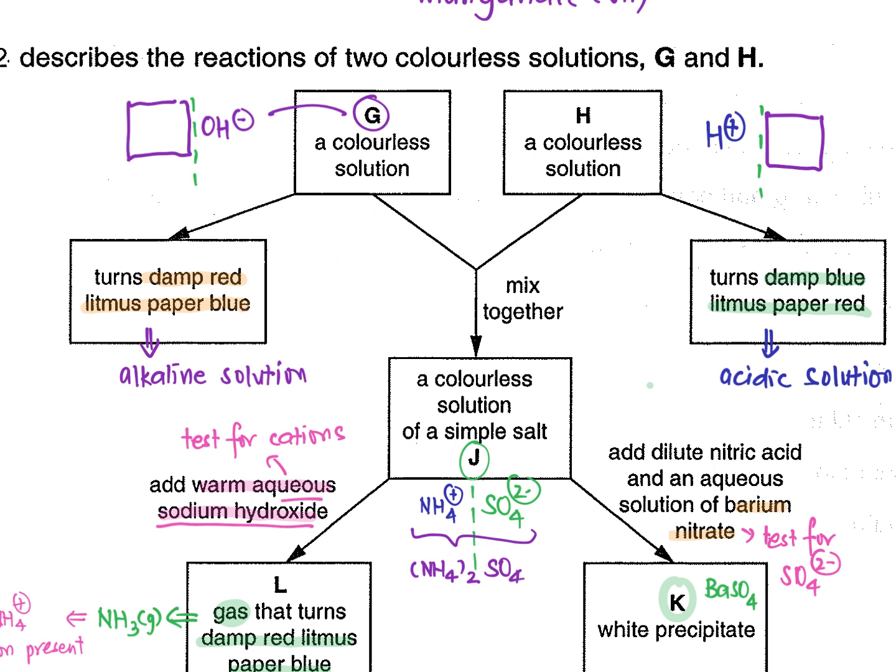Earlier we were trying to figure out what's the positive ion for G and what's the negative ion for H. So these two ions will go to the respective solutions. Meaning your G, the positive ion is ammonium ion. For your H, the negative ion is sulfate.